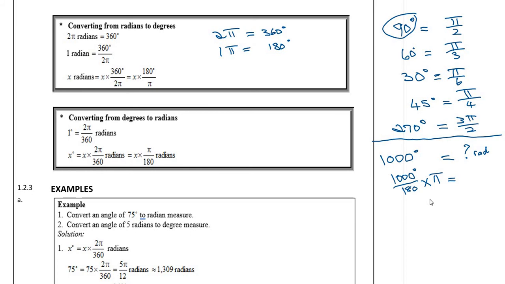So we will take the 1,000 degrees, divide by 180, just check me on this please, and then times the pi. So I see it is 50 over 9 pi. I hope you get also that. Or we can write it in decimals if they want it in decimals: 17,45 radians to 2 decimals.